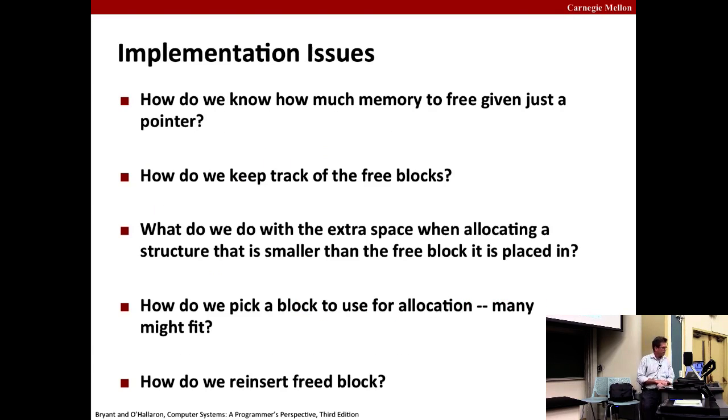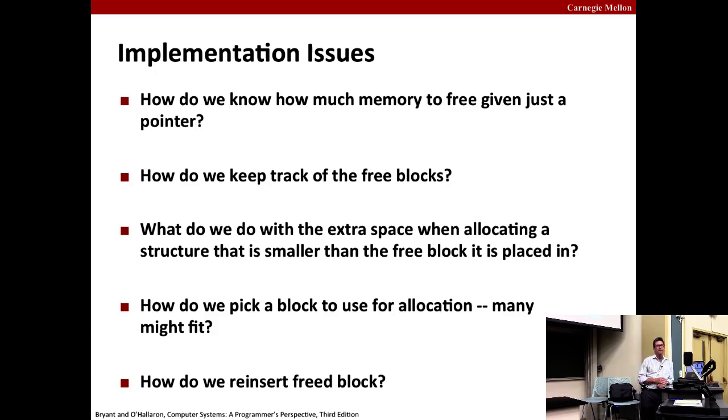Okay, now, when we build an allocator, all kinds of issues come up that I've glossed over with my simple examples. If we call free, how does free know how much memory to free up? We don't call free with a block size, we call it with a pointer. So how does free know how big that block is?